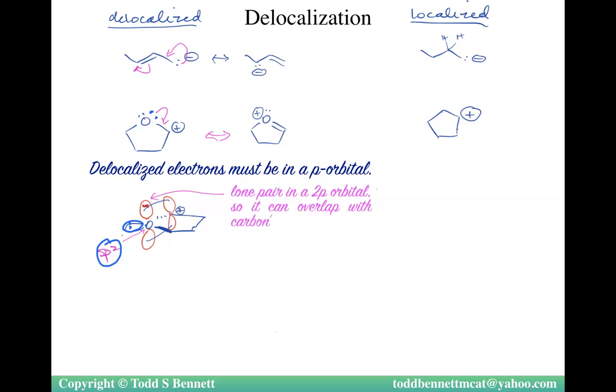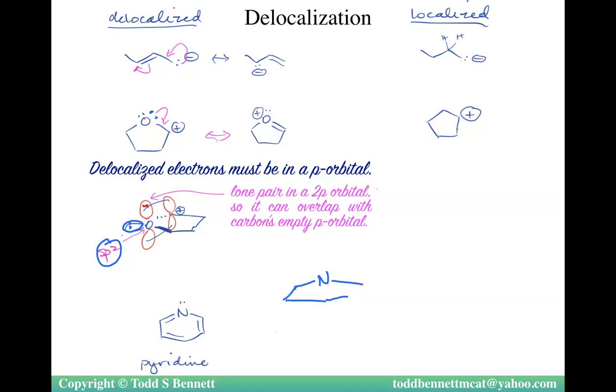Okay. So the lone pair is in a 2p orbital, so it can overlap, but this lone pair is in an sp2. Same thing with this compound. This is called pyridine. I want to draw this, it's going to be kind of ugly.